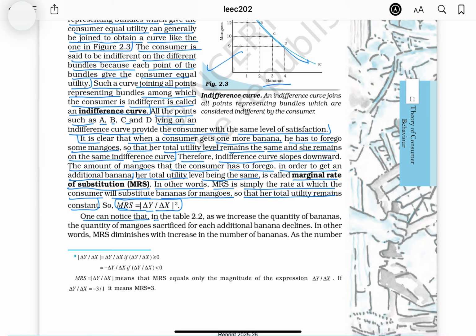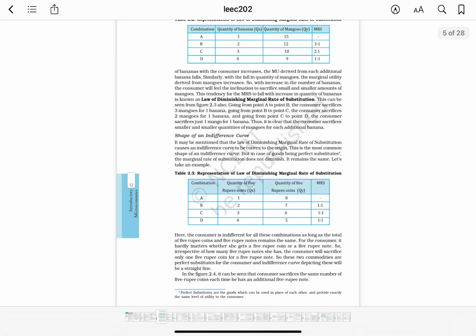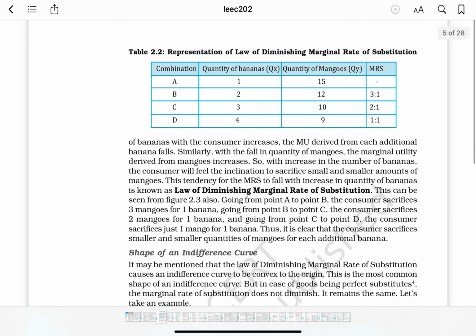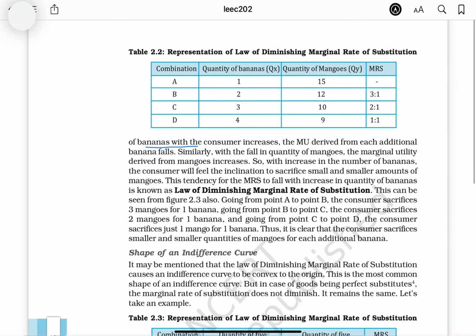One can notice that in table 2.2, as we increase the quantity of bananas, the quantity of mangoes sacrificed for each additional banana declines. In other words, MRS diminishes with increase in the number of bananas. As the number of bananas with the consumer increases, the marginal utility derived from each additional banana falls.